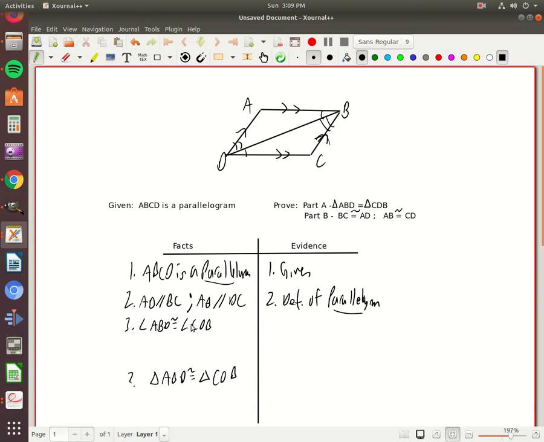And I'm going to say angle ADB is congruent to angle CBD. And I can say both of those are true because if lines are parallel, then alternate interior angles are congruent.